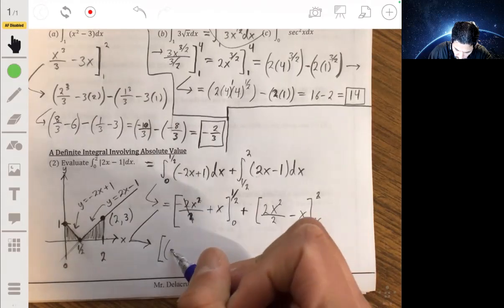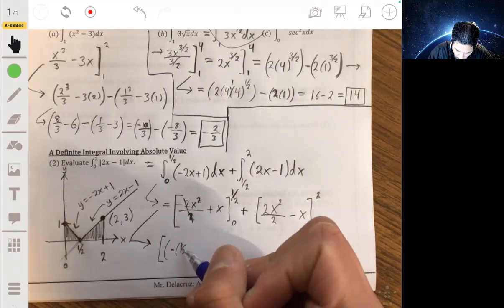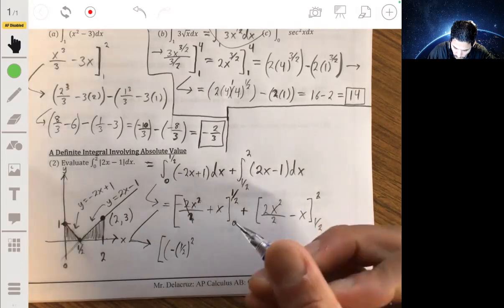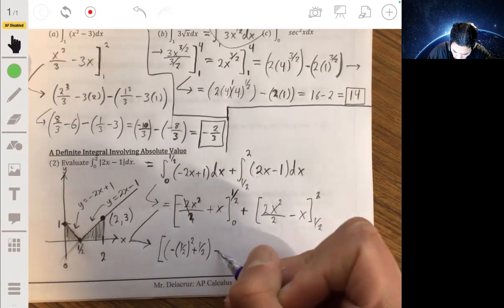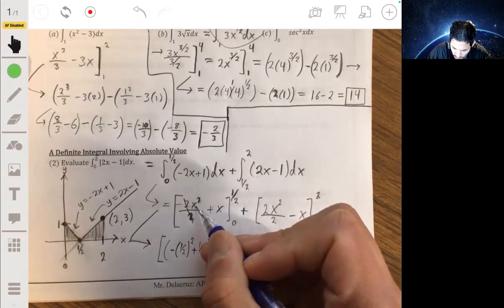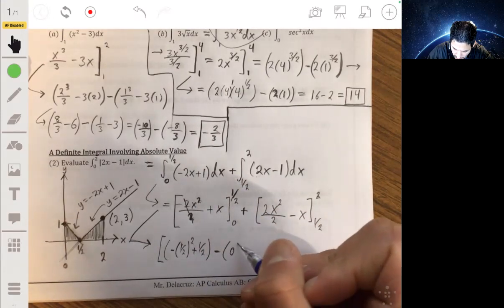So negative 1/2 squared plus 1/2, minus plugging 0 into here. It's just 0 plus 0, so that doesn't really do anything.